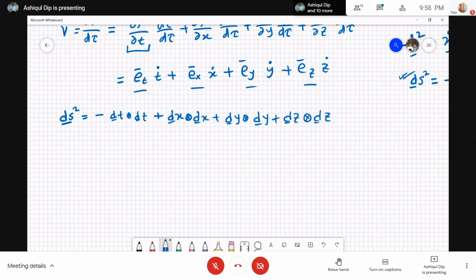Okay, so we can actually then find the corresponding momentum as well, right? If a particle has a mass m, then you can find the momentum as well. Is that clear to everyone? So what's the definition of momentum?